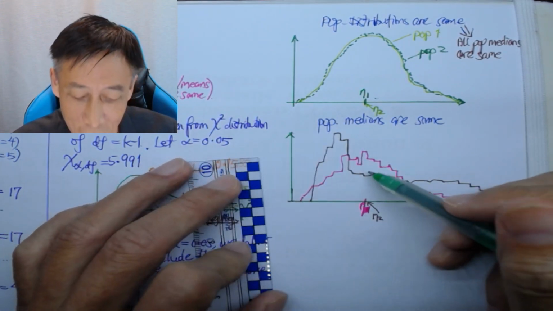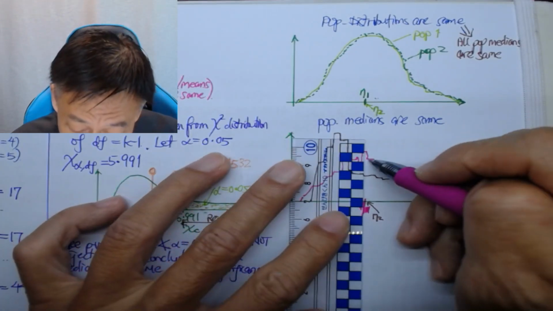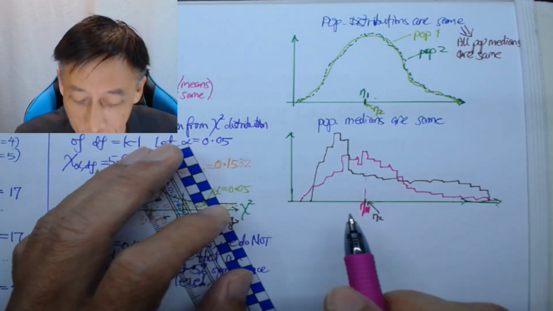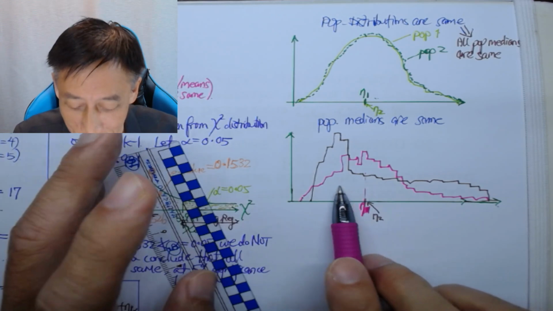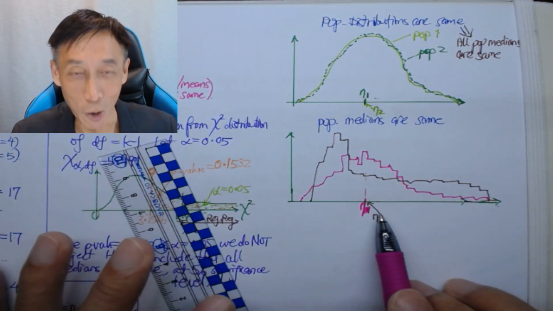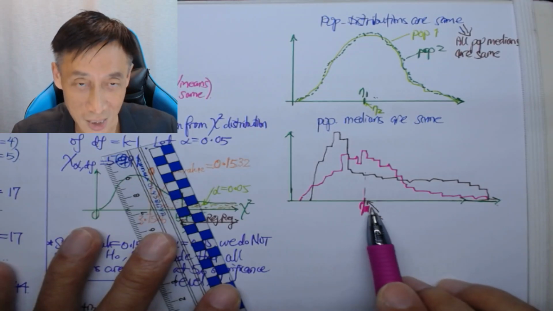So roughly speaking, the pink population, population 1, has half on the left and half on the right. And the red population also, I think, roughly, 50% here, 50% there. So I hope visually it's convincing to say that both medians are the same.